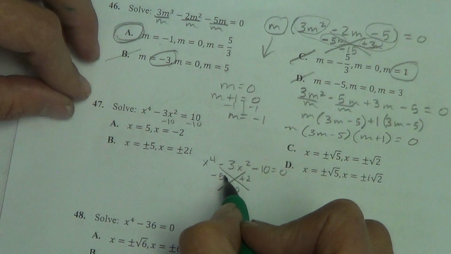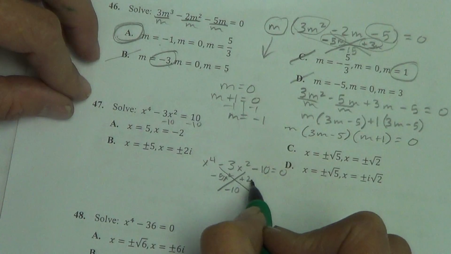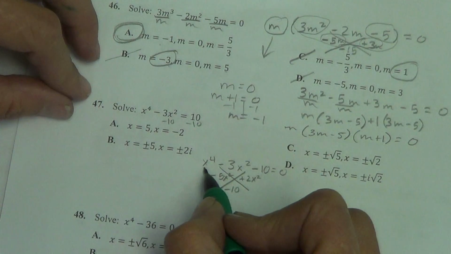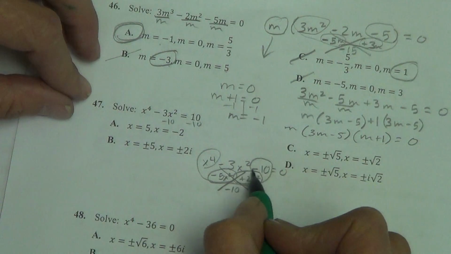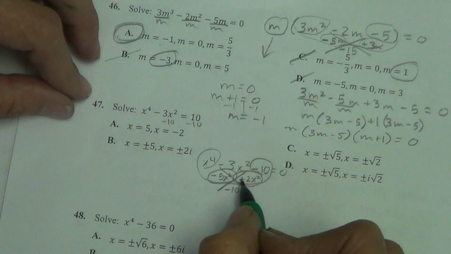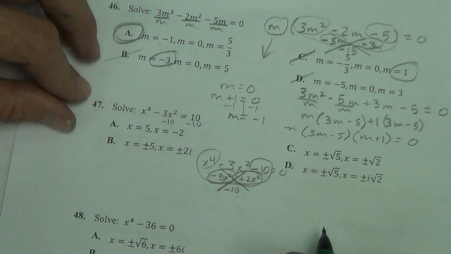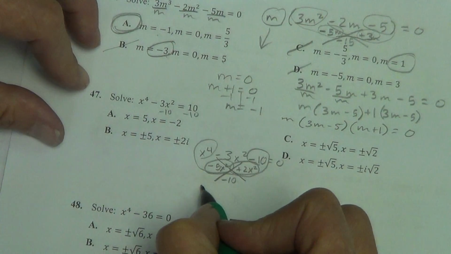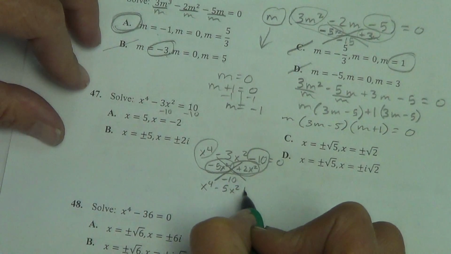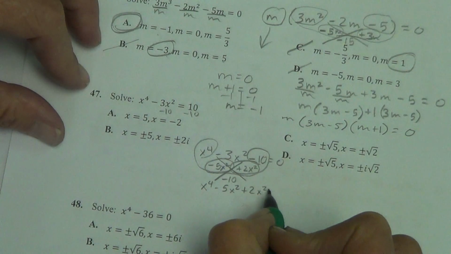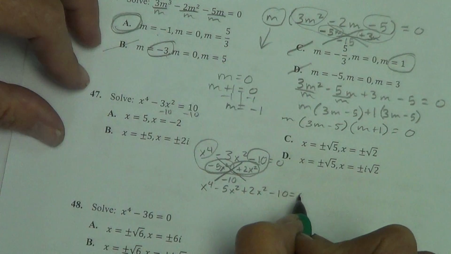Bring down that variable and exponent, because you are converting from 3 term to 4 term with the old man glasses. So you have to replace the middle term with these. That's why you use its variable. Okay, we now have x to the fourth minus 5x squared plus 2x squared minus 10 equals 0.